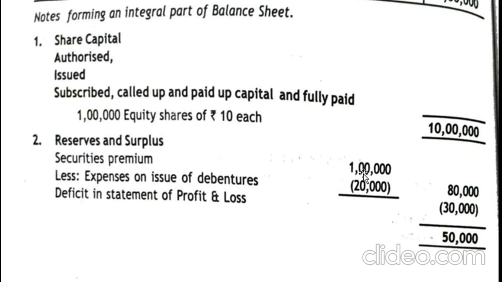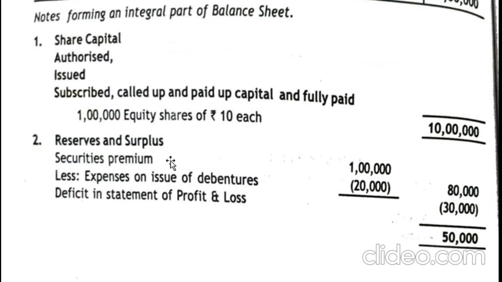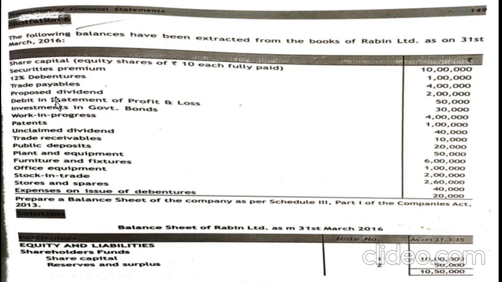From the securities premium of 1 lakh, we will minus the expenses on issue of debentures. So what is the expense on issue of debentures? It is 20,000. So 1 lakh minus 20,000 will give you 80,000. So with this 80,000, in the question they have stated we have a deficit, that is debit in statement of profit and loss, which means it is a loss in your profit and loss statement. So how much is that loss?